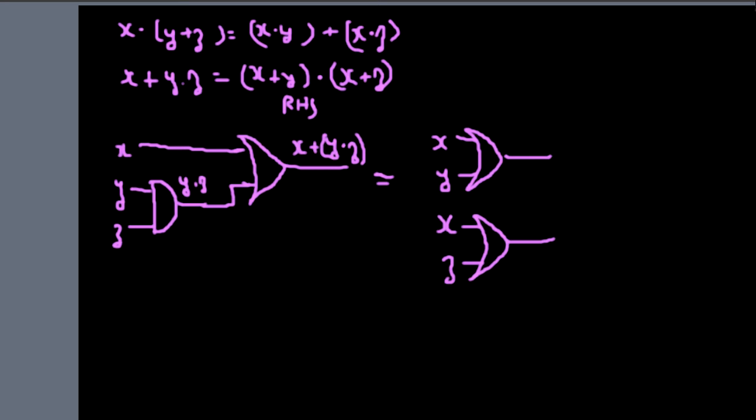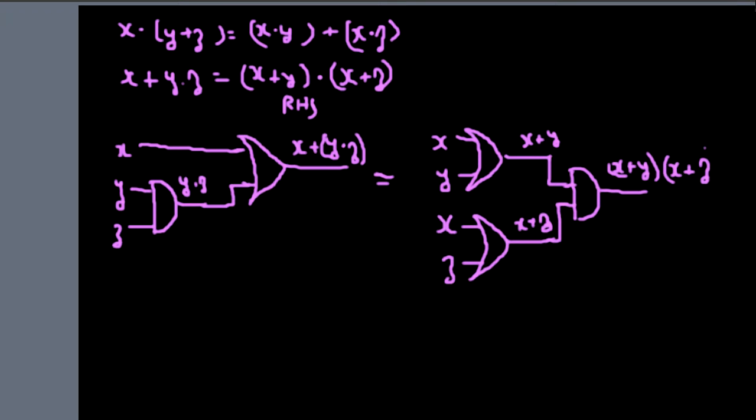Now these two are being multiplied, so this is x plus y, this is x plus z. Now they are being multiplied, which means we have an AND gate over here, and the final output would be x plus y multiplied with x plus z.